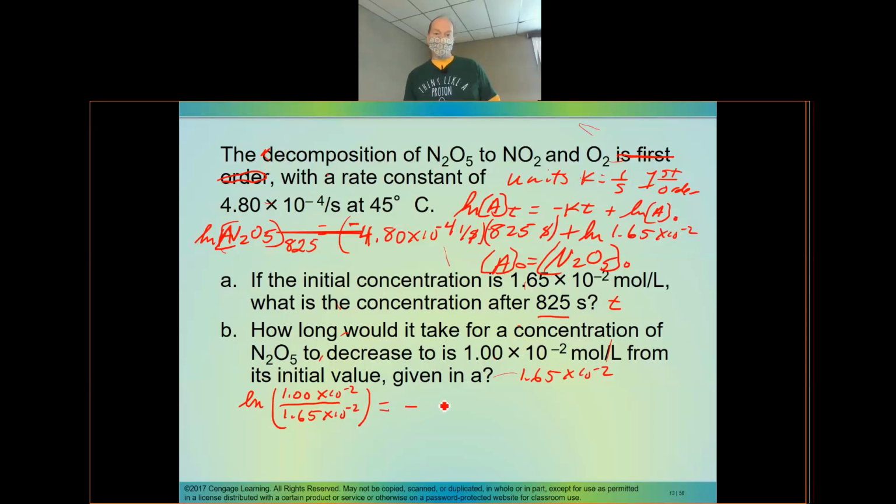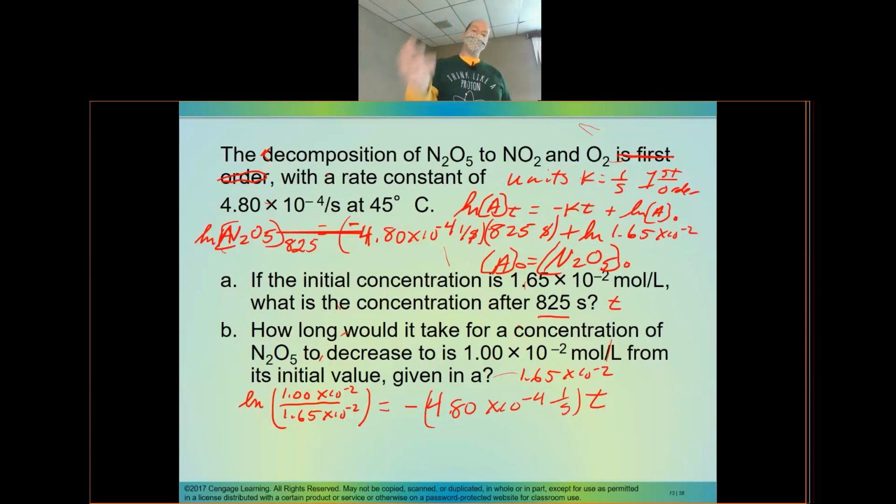So negative k, given 4.8 times 10 to the minus 4, 1 over second, and t. So now all we have to do is get our answer for t.